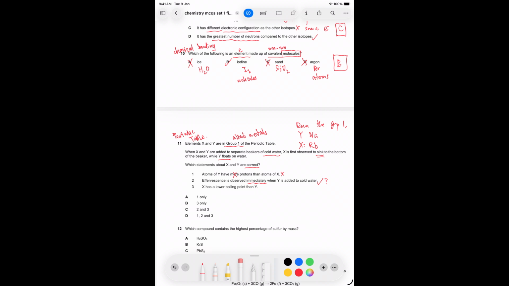Statement 3, X has a lower boiling point than Y. X, for example, is rubidium, and Y will be sodium. So X has a lower boiling point. That is true as well, because down the group, the boiling point actually decreases. So it's true. Which one is correct? 2 and 3. So the answer is C.